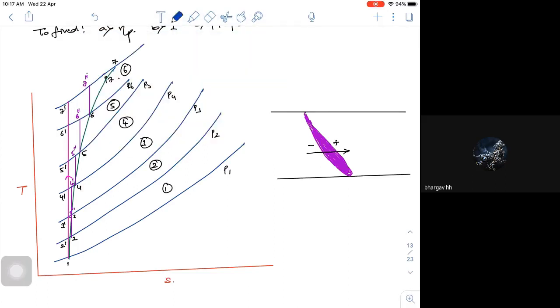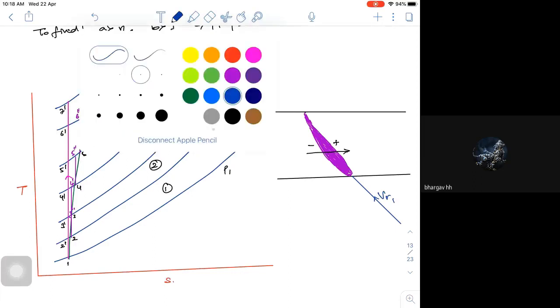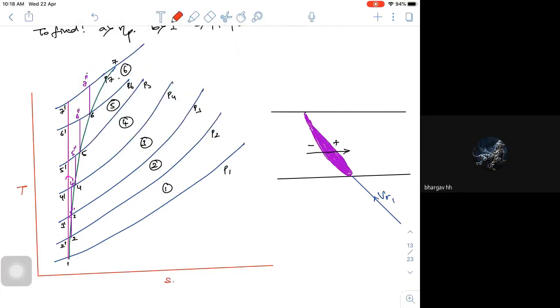If my VR is almost tangent to this particular thing, this is my VR1, and the fluid may be entering at some velocity, so this will be my corresponding V1, and you have a common U because it is on the mean diameter.